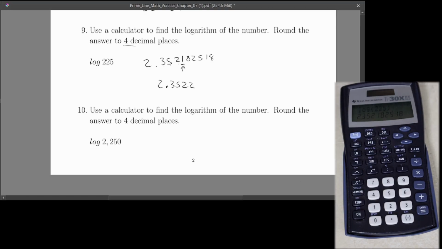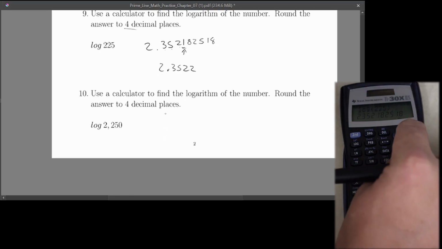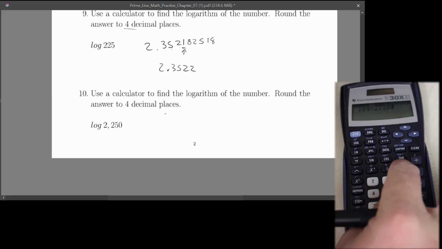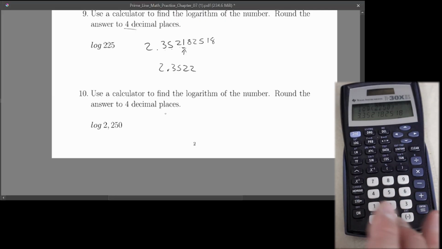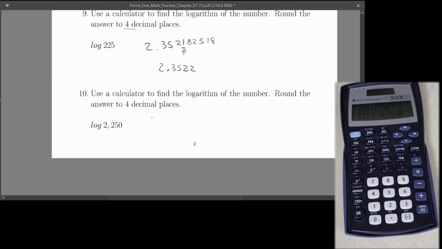And if we evaluate the next one with a 0 added, we get 3.352182518. We're rounding to 4 decimal places, and this bumps it up, so 3.3522. Notice when we're a factor of 10 bigger, we're 1 bigger on the whole unit scale.